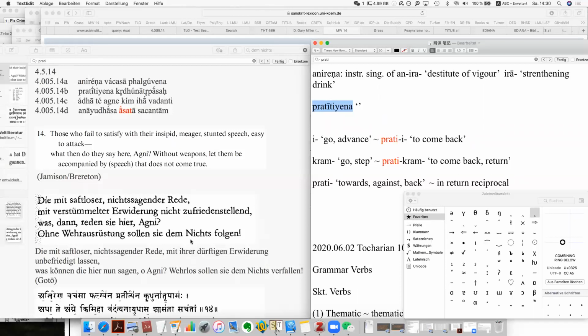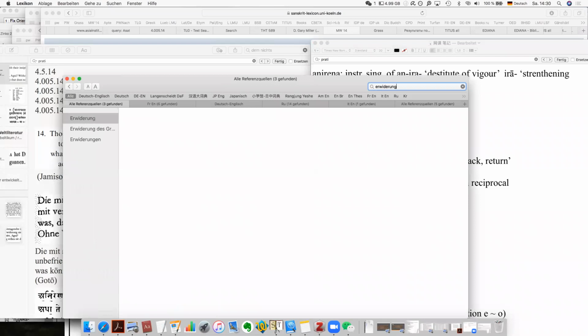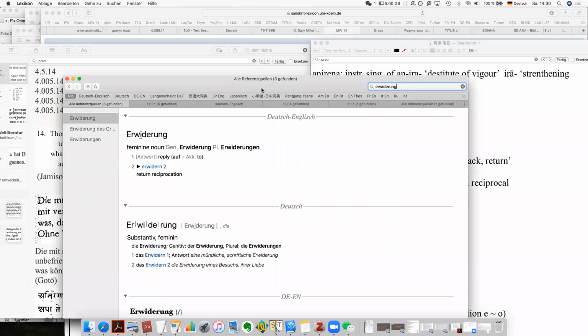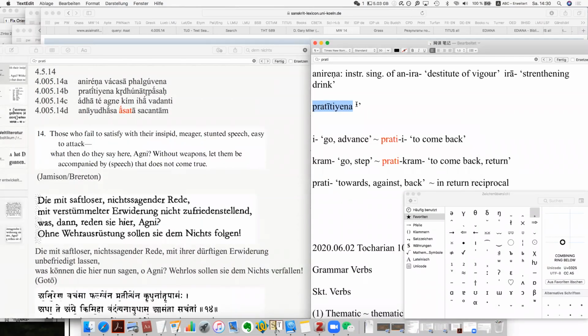So it's actually against something. I don't know how to put it in English. Reply, return, reciprocation. It means reply. In German it's called Erwiderung.